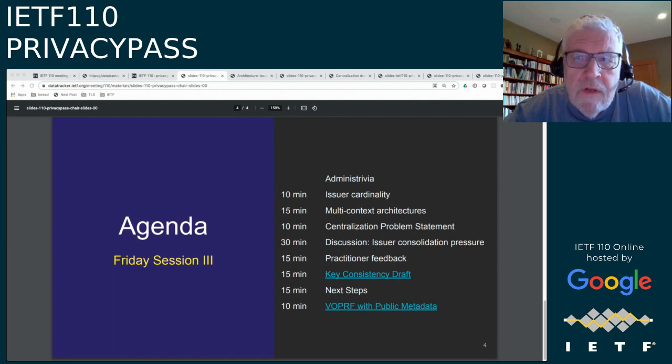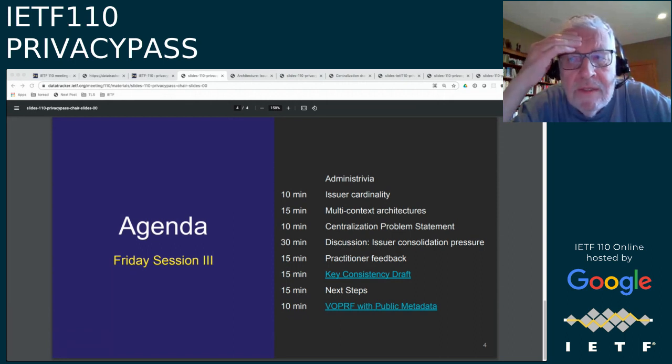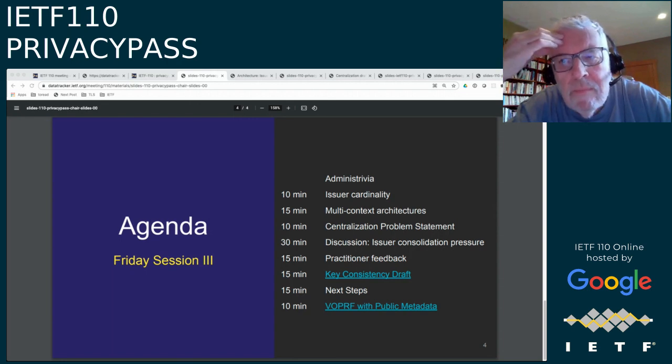Once you have your first set of tokens from this first set of servers, you go to a second set of servers. You don't present an identity, you just present a token that you have obtained from the first set. Then that second level of servers doesn't know the identity of the client, and because they don't know the identity, it basically washes out the problem.